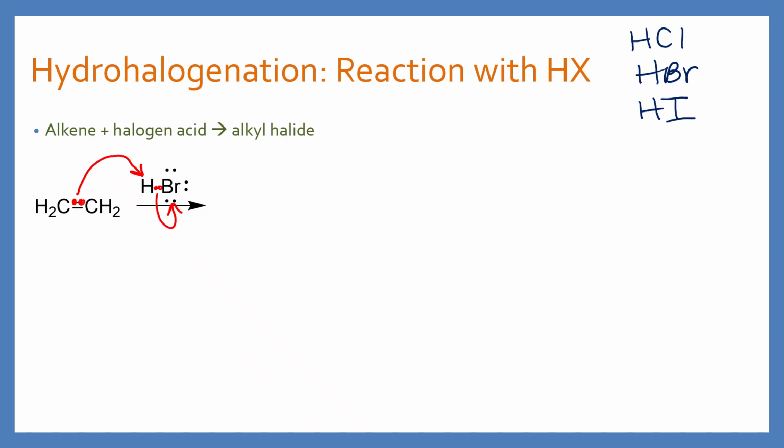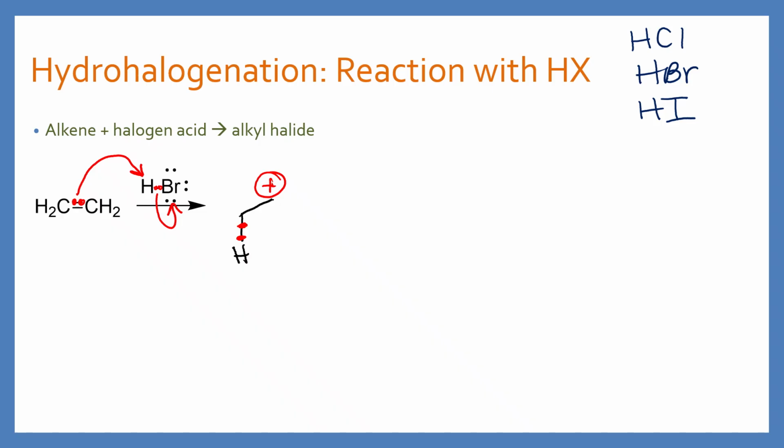So what this gives us is our two carbons, one of them with a bond to hydrogen, so this is the bond I just made. The other one is going to be a carbocation because we took the electrons away from it.